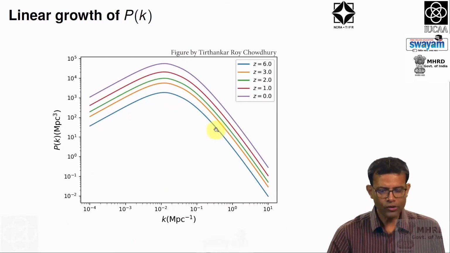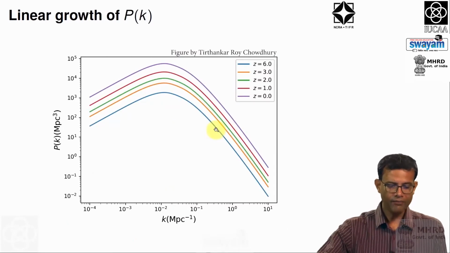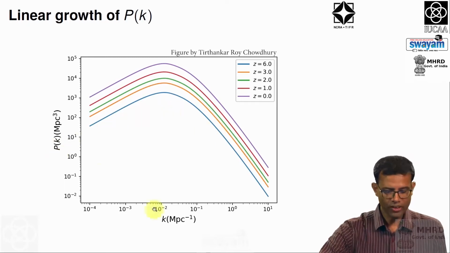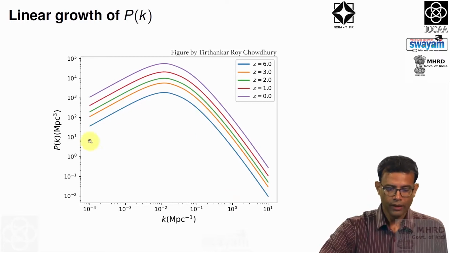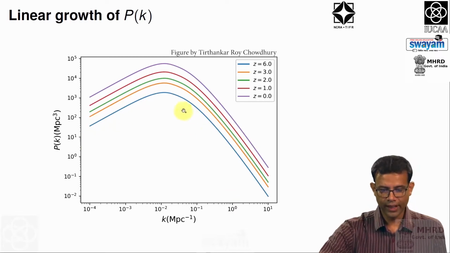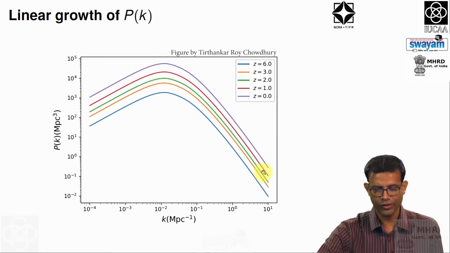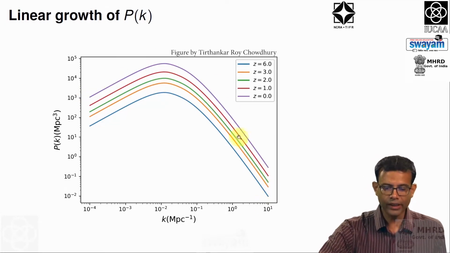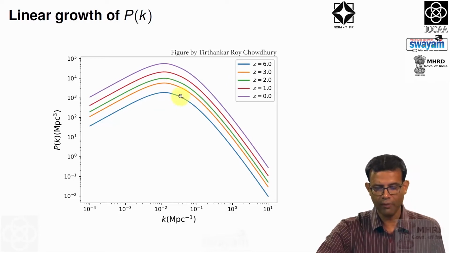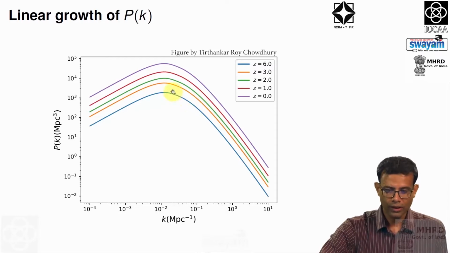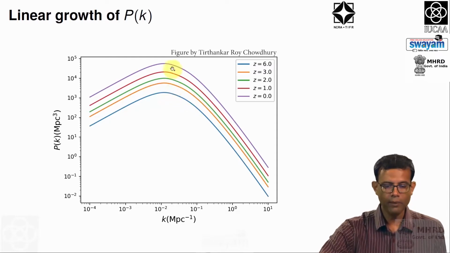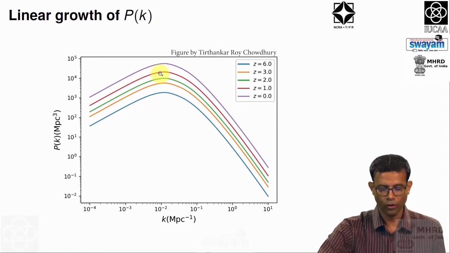The power spectrum also grows. What I have done here is that I have plotted the power spectrum as a function of k for different redshifts. For example, this is at redshift 6, and then we go to progressively lower redshifts. This is at redshift 0, which is today. So, you can see the shape of the power spectrum roughly remains the same in scales of interest. It just grows, so you have to just multiply by some proportionality factor, which is known as the growth factor.